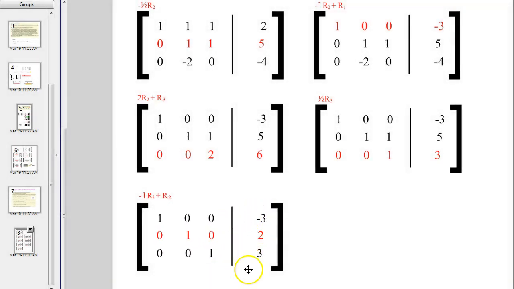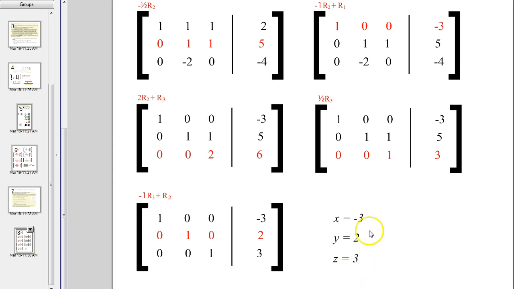And then if you think about it again, how this is an equation, these are the x's, y's, and the z's. This is just x equals negative 3, y equals 2, and z equals 3. So there's no other variable in each equation. It's just the one variable and the constant. So it literally is the solution when you 0 out below and above that main diagonal of 1s.